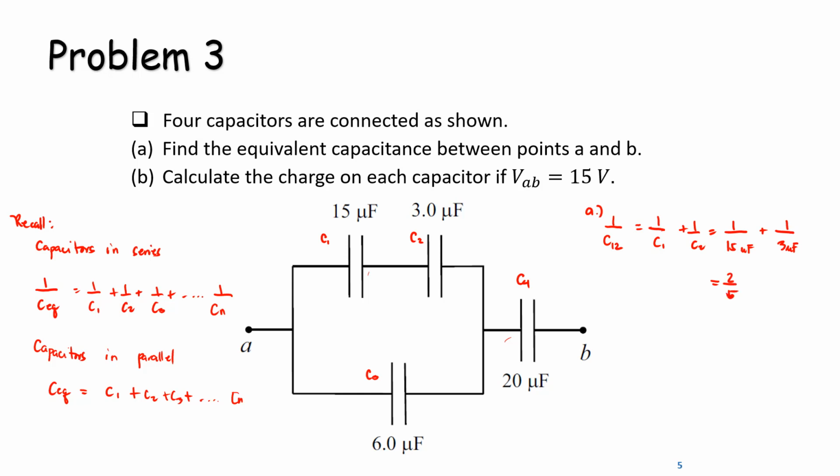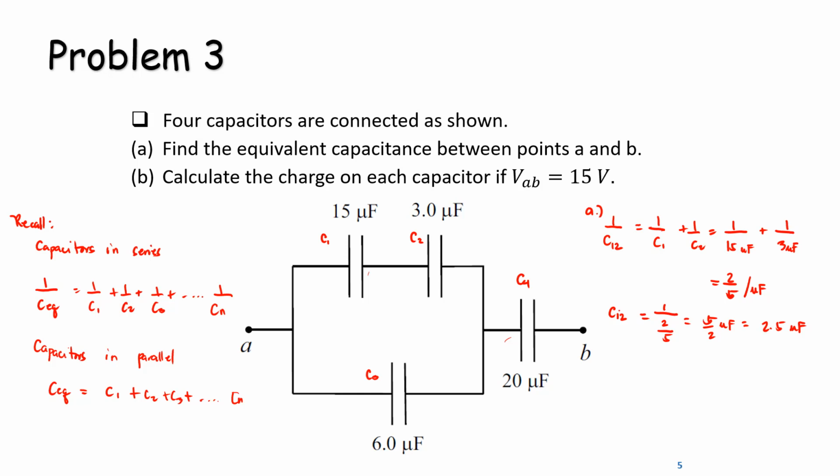Take note that the unit is per microfarad. So C12 is the reciprocal, 1 divided by 2 over 5, so you have 5 over 2 microfarad, or 2.5 microfarad. This is the equivalent capacitance of these two capacitors.